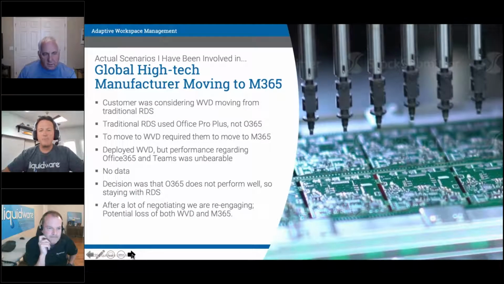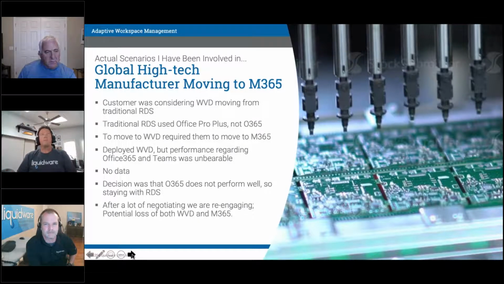This is another one, very high-tech manufacturing. They're moving from traditional RDS on-prem, typical hypervisor on Windows Server. And they were using Office Pro Plus. They weren't using Office 365.